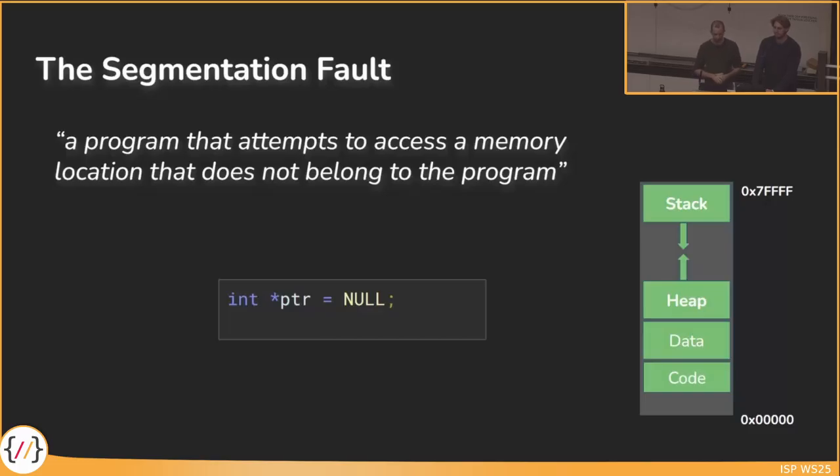So when I create this int pointer here and initialize it with null, this is actually just a pointer to the lowest possible address, which is null, the 0 address. And the 0 address is never accessible for me. The lowest addresses I can have in my program are in my code segment, so my source code itself.